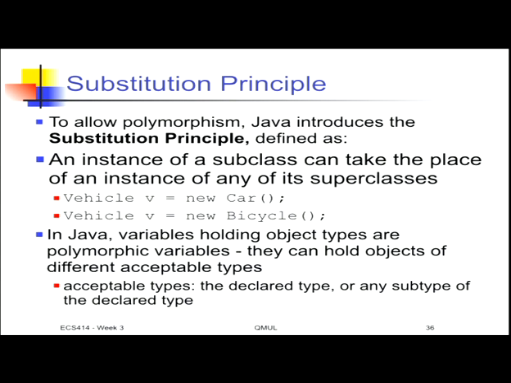Vehicle V equal new car. Vehicle V equal new bicycle. So what we are doing there is that we should write vehicle V equal new vehicle.